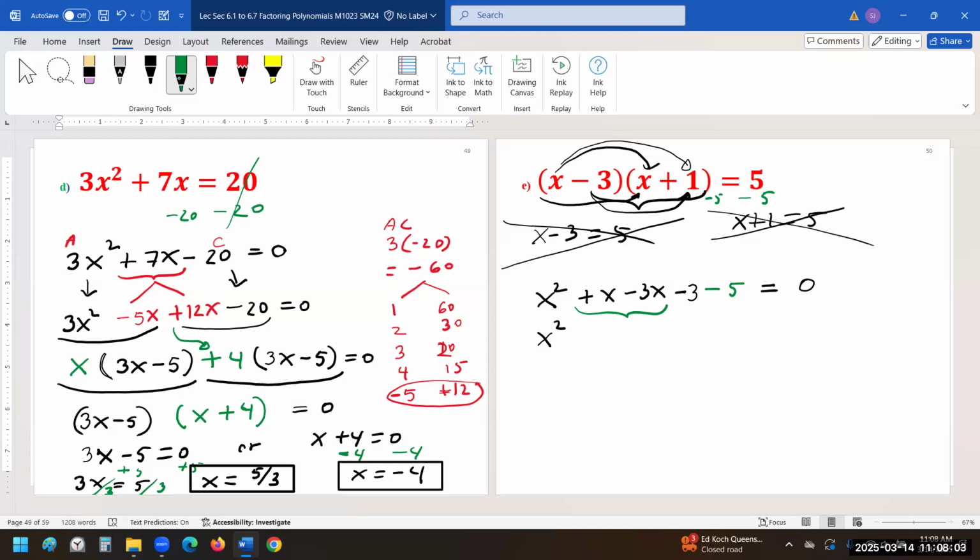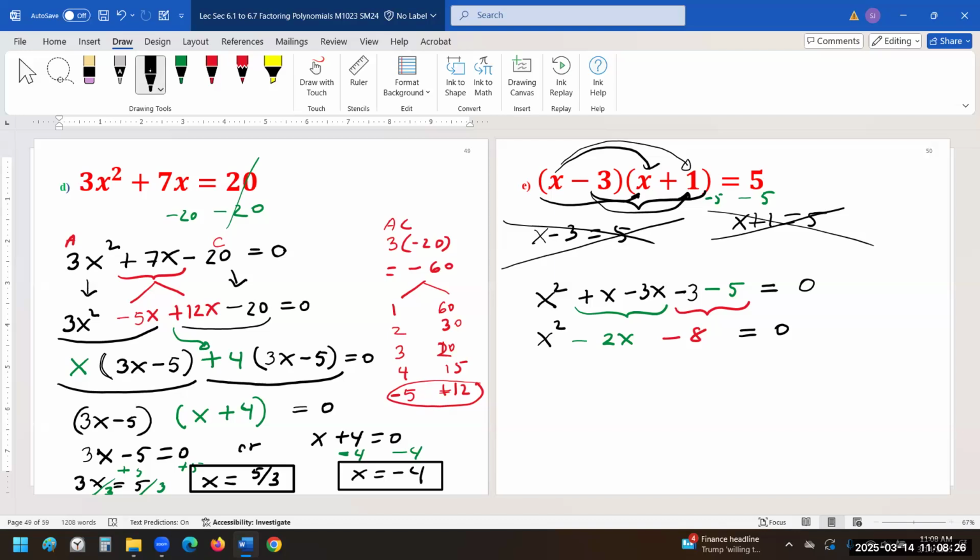So you have 3x, you moved 1x out. So it's negative 2x. And then you have negative 3 minus 5, minus 8, equals 0. And now we are very happy.